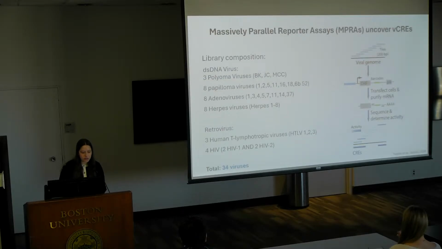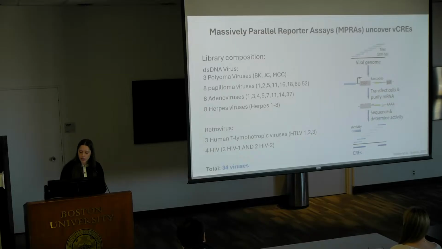So in order to investigate that in a comprehensive manner, we have employed massively parallel reporter assays to test the impact of stress on 27 double-stranded DNA viruses and 7 retroviruses that infect and cause disease in humans. For this purpose, we decided to test viral genome activity by splitting the genome into 200 base pair tiles that overlap by 150 base pairs.